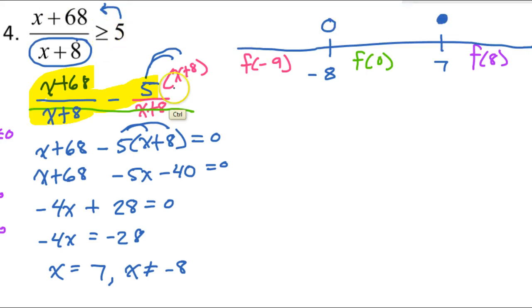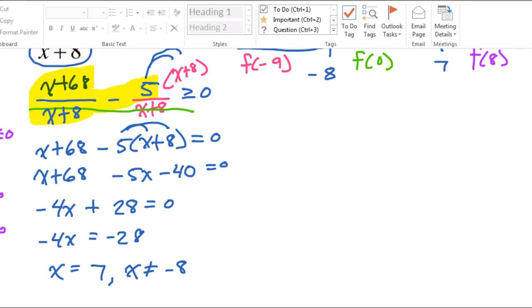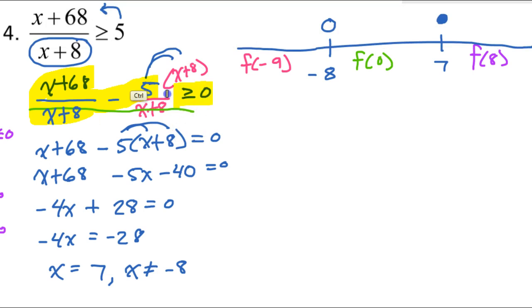It was greater than or equal to 0. All right, this is the version that I'm using. So I'm going to have negative 9 plus 68 over negative 9 plus 8 minus 5 is greater than or equal to 0.